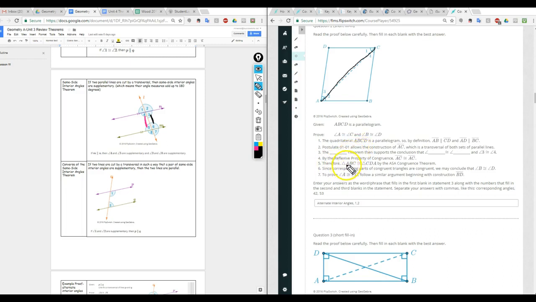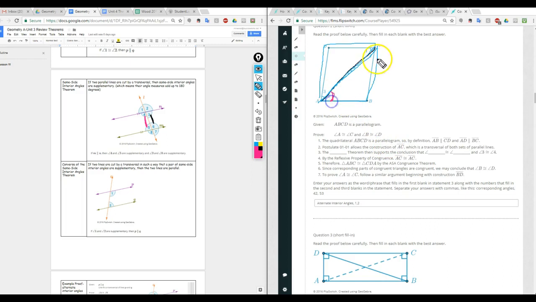Okay, so therefore triangle ABC is congruent to triangle CDA by the angle-side angle congruence theorem. What angles were they talking about? For angle-side angle, in triangle ABC, the angle and its corresponding part, angle in ADC, that they are talking about for angle-side angle, we had angle 2.